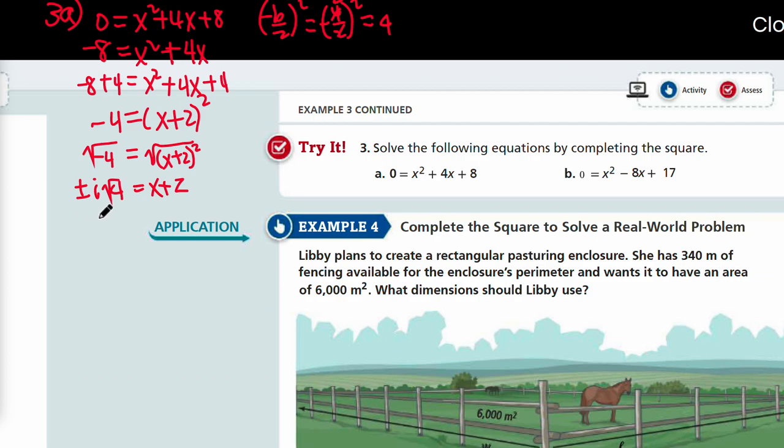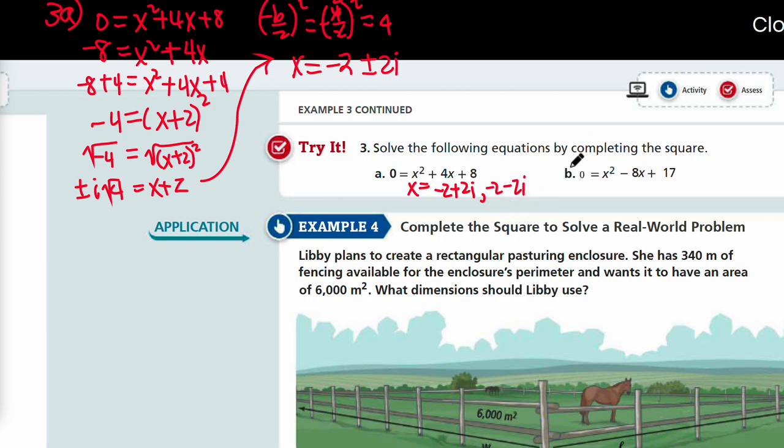And so you have to solve for x, which means you're going to subtract 2 on both sides, and you're going to get x is equal to negative 2 plus or minus 2i. So we're going to say x is equal to negative 2 plus 2i and negative 2 minus 2i.